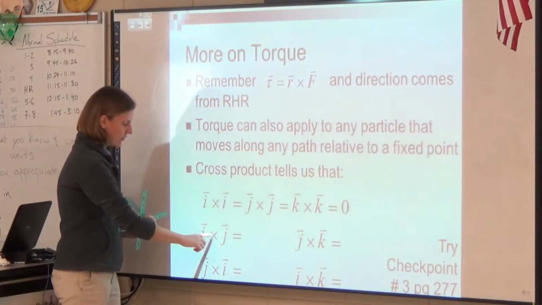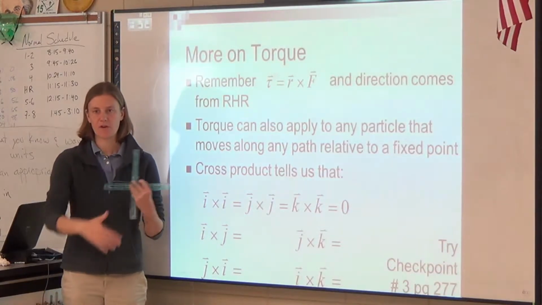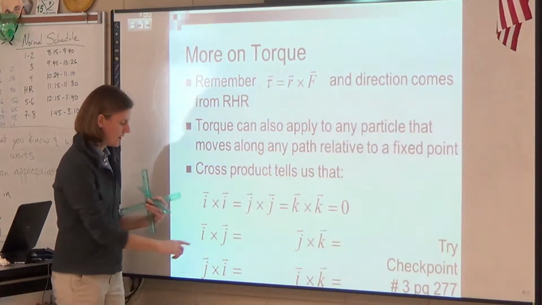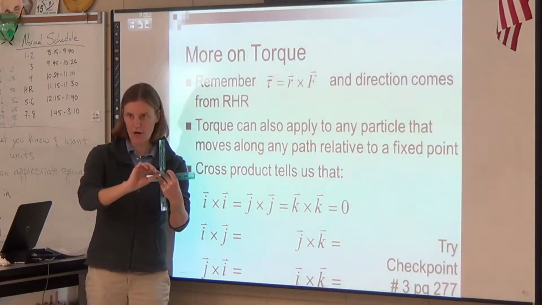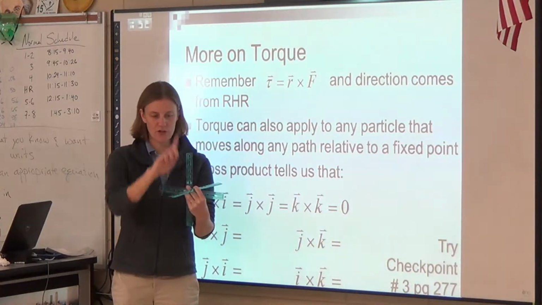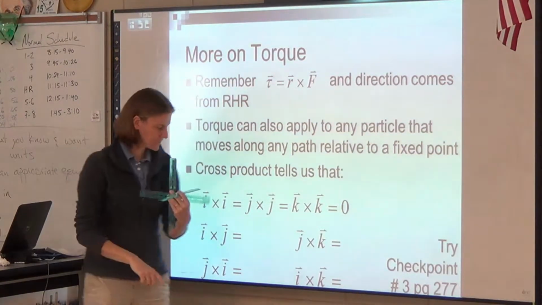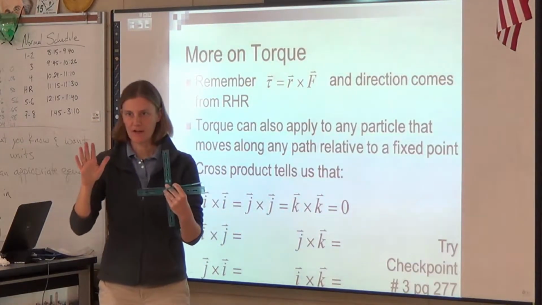So if I have I cross J, I want to know what's the answer as far as IJK would be concerned. So I'm going to try to visualize my coordinate system. Let's say the one coming at you is K. So we've got I to the right, J up, K that way. So we're doing I cross J. Your right hand.